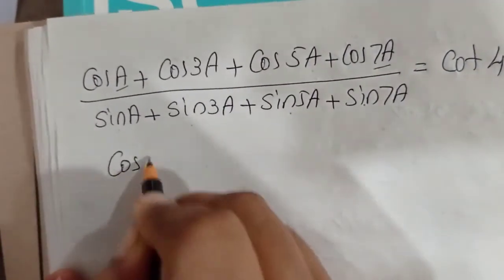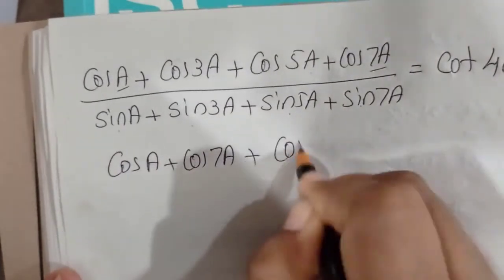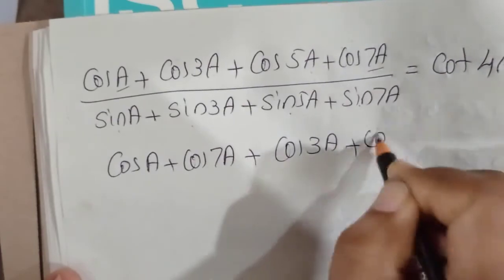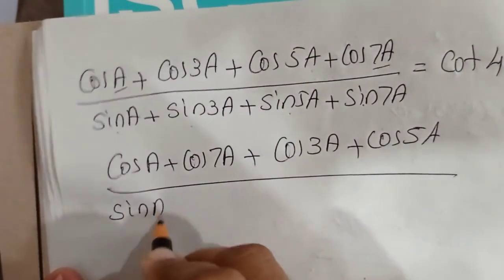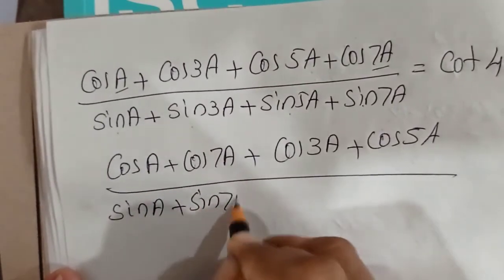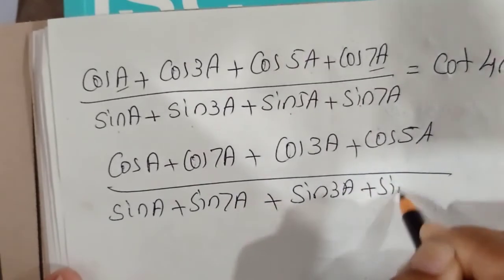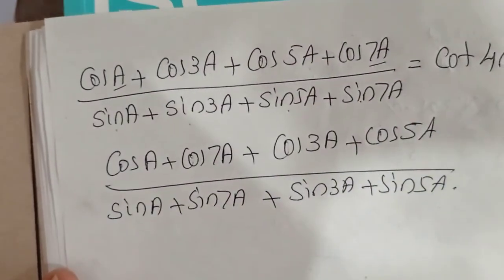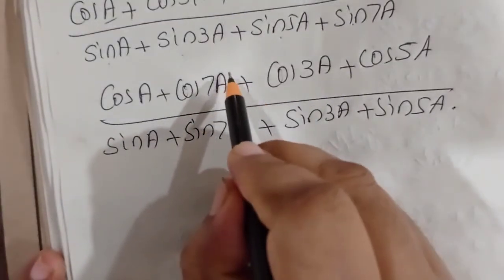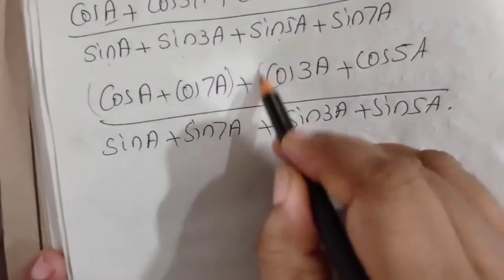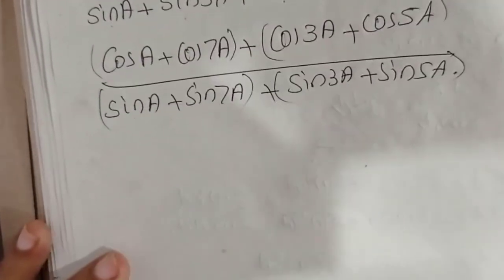Therefore, write cos A plus cos 7A plus cos 3A plus cos 5A, the whole divided by the same sin A plus sin 7A plus sin 3A plus sin 5A. Isn't it? Now, if you want, you can put brackets, otherwise no need. Then apply the formula.